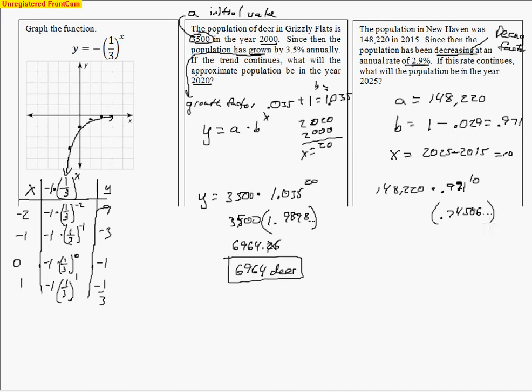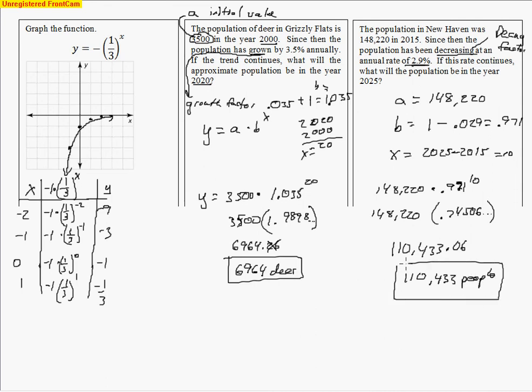I multiplied that by the initial population, and this is what I got. I got 110,433. And again, you get a decimal, 0.06 or so, but just leave that as a whole number, because you can't have a portion of a person. So that's what our answer is for number 6.